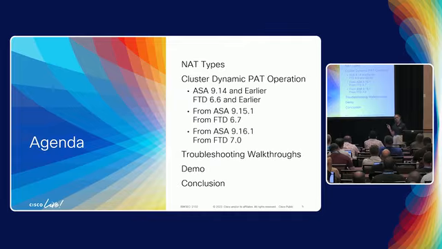So in this part, I'm going to show you 2 things. The first one, the most useful troubleshooting commands that we can use to identify an issue with dynamic PAT. And the second one, I will show you live how it operates starting with firewall 6.7.